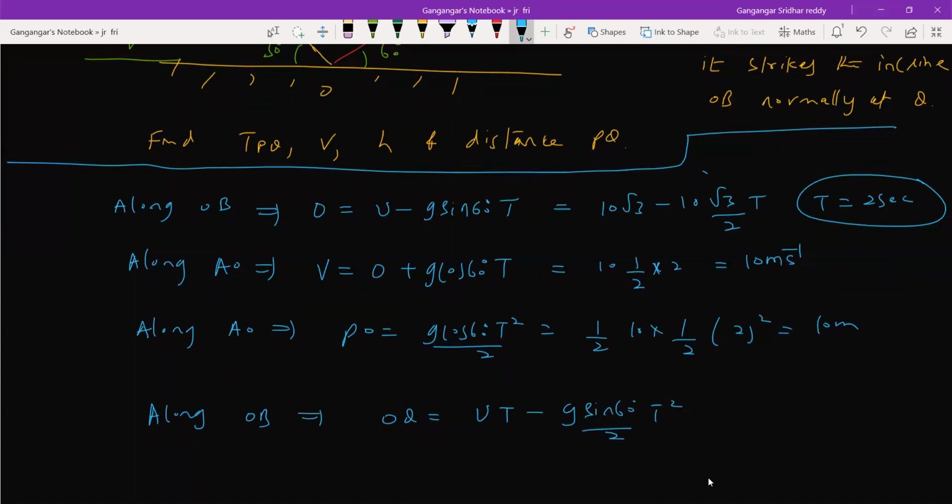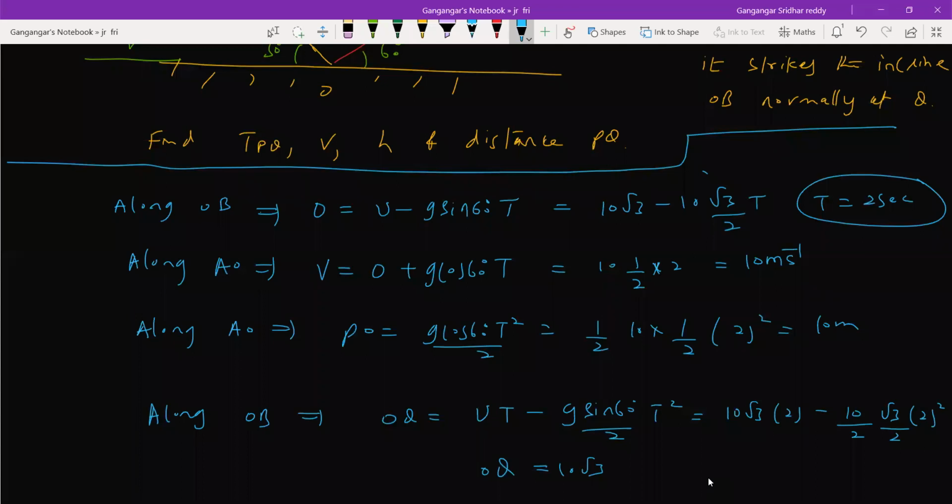What is this formula? s equal to ut minus half a t square formula. So this will be 10 root 3 into 2, g is 10, sine 60 is root 3 by 2, square. So this will be 20 root 3 and this will be 10 root 3. So it will be 10 root 3 finally. Okay, I got now OP and OQ.